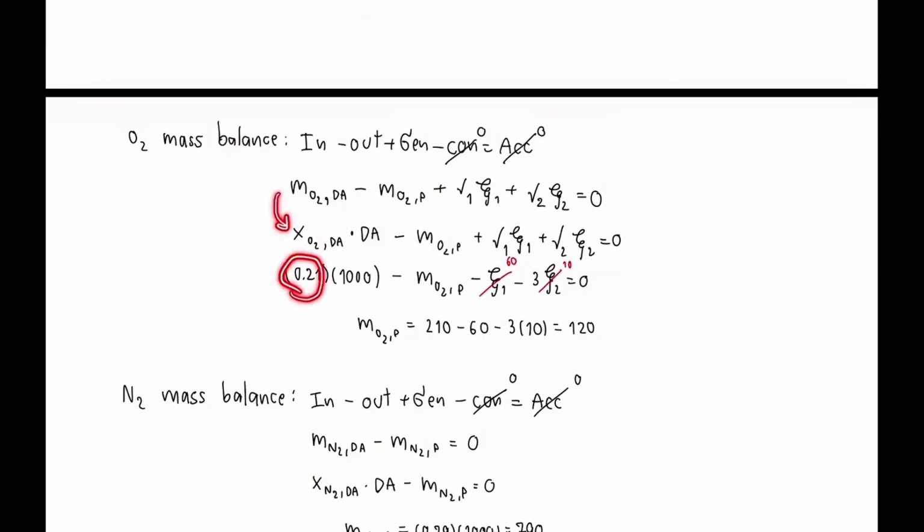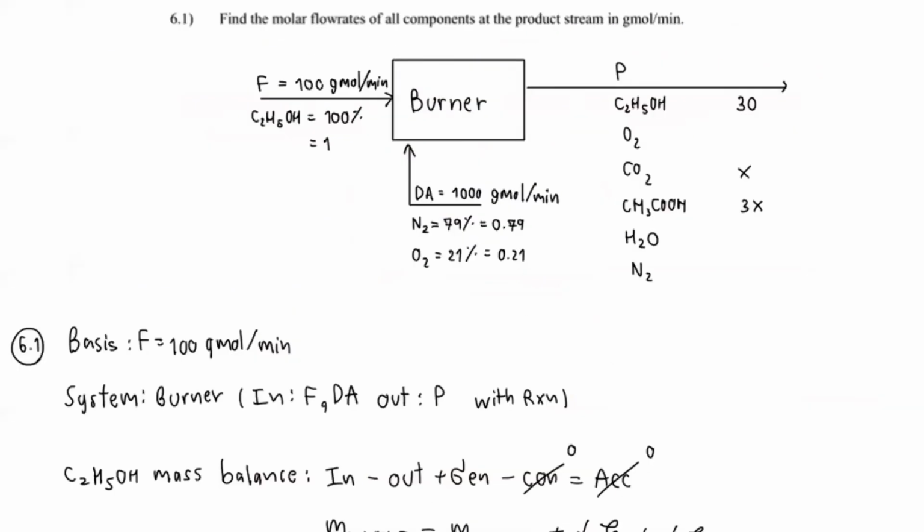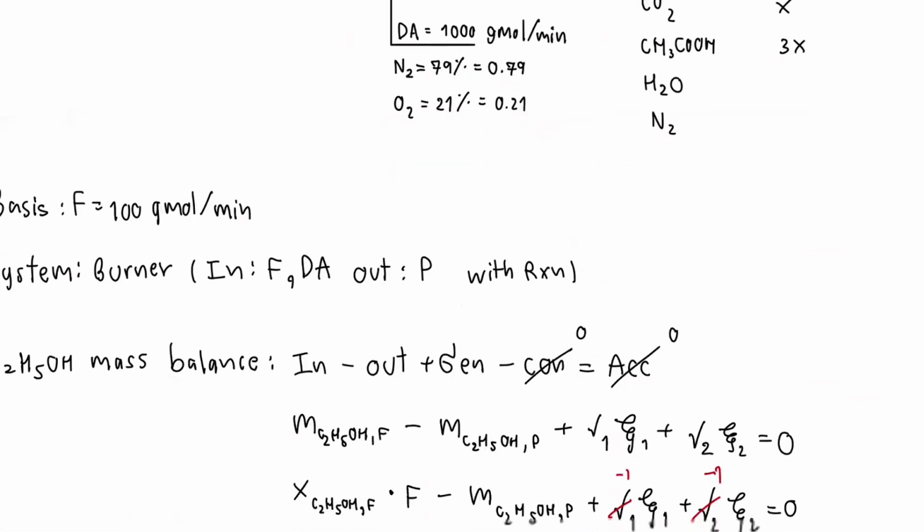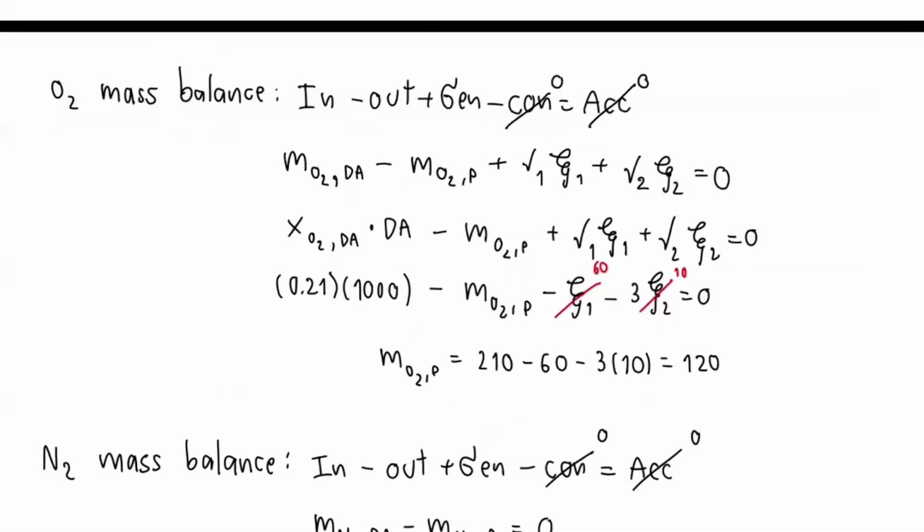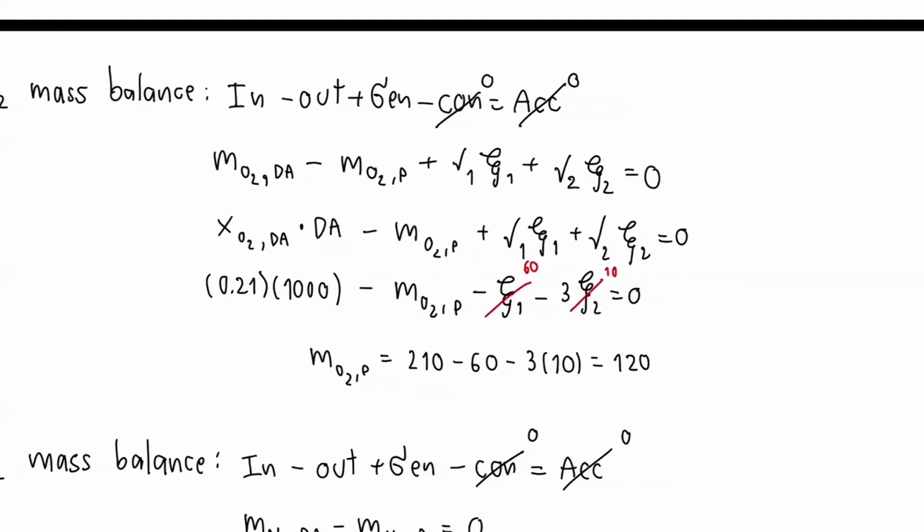The component of O2 is 0.21 times the dry air stream. Okay, so we got psi 1 is 60 and psi 2 is 10. So we got mole of O2 in the P stream equal to 120.